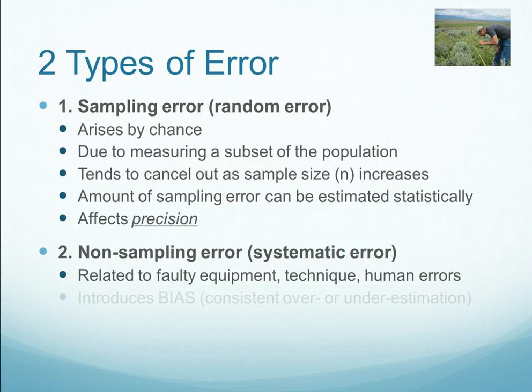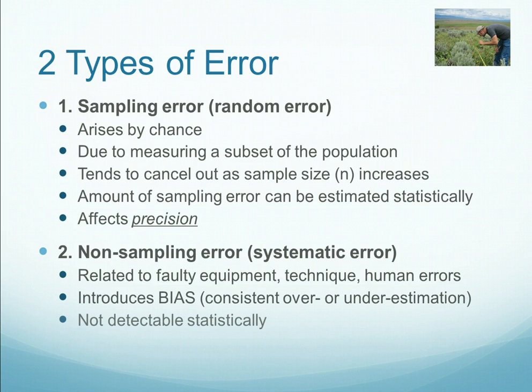Non-sampling error is systematic error. It's related to faulty equipment, technique, or human errors, and it introduces bias, either consistent over or underestimation of values. It is not detectable statistically, and non-sampling error affects the accuracy of our estimate.